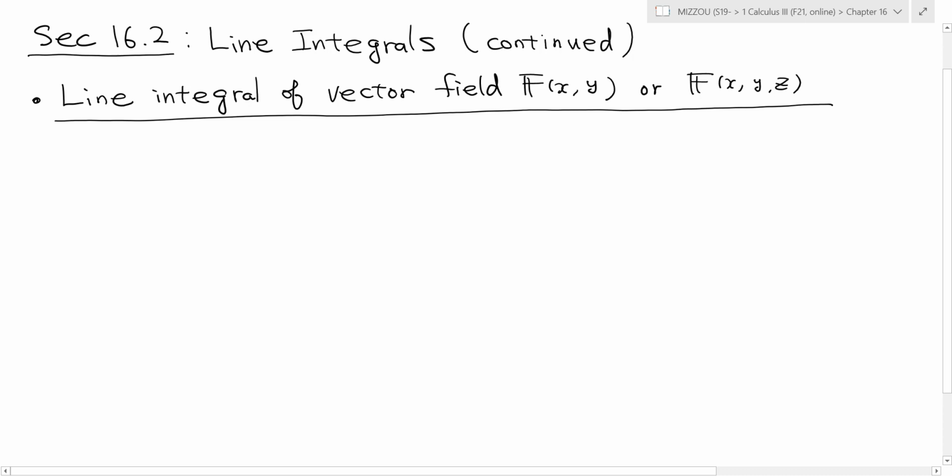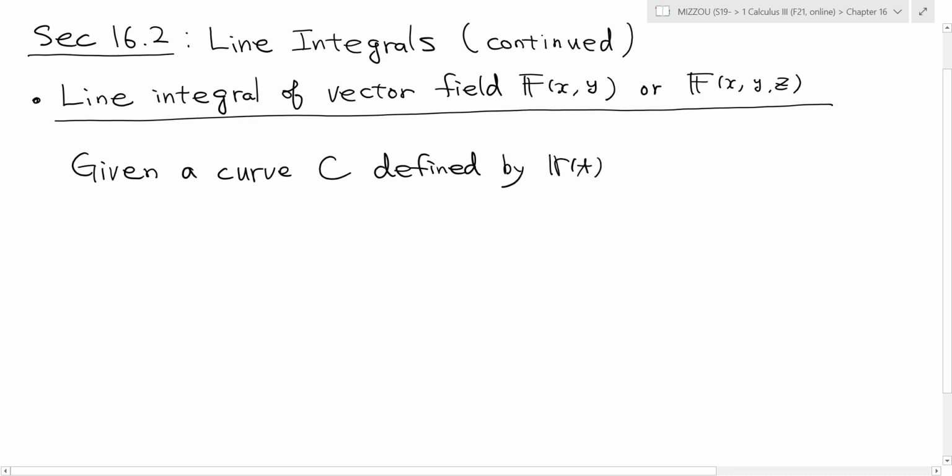Situations are slightly different, but quite similar. But in order to give the motivation for this line integral, let's think about this example from physics. Suppose you are given a curve C defined by a parametric equation.